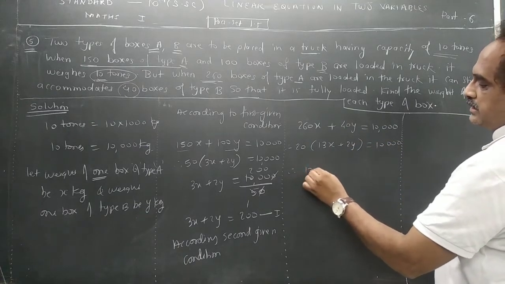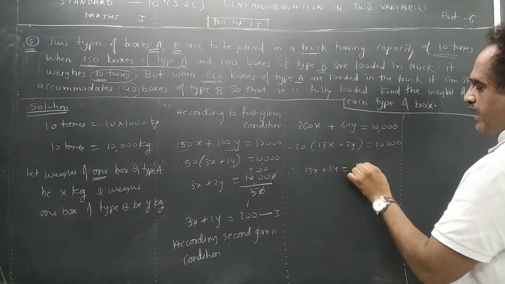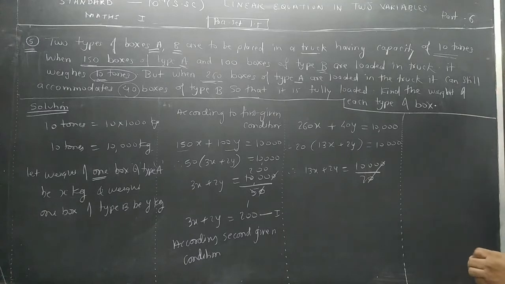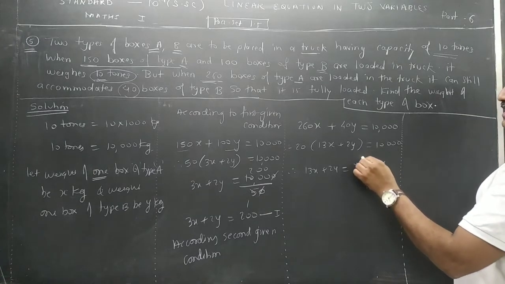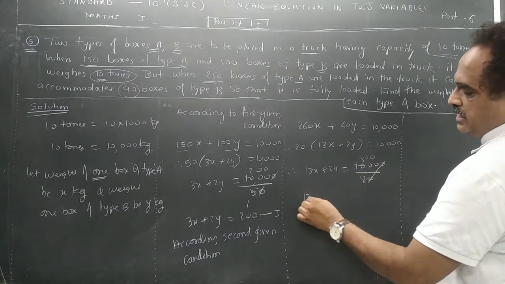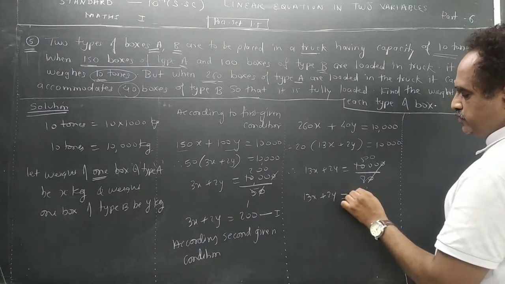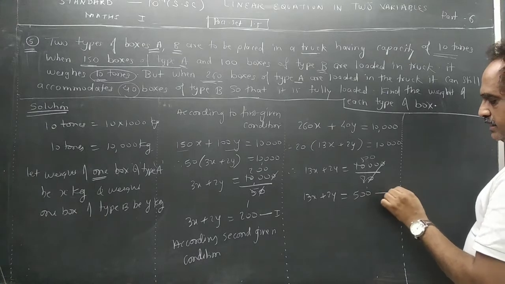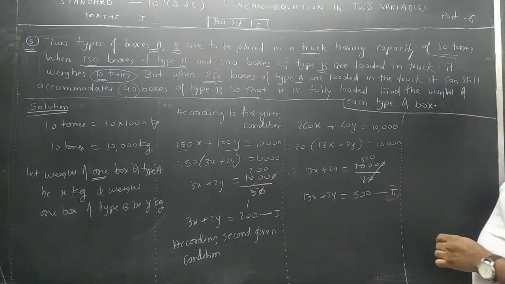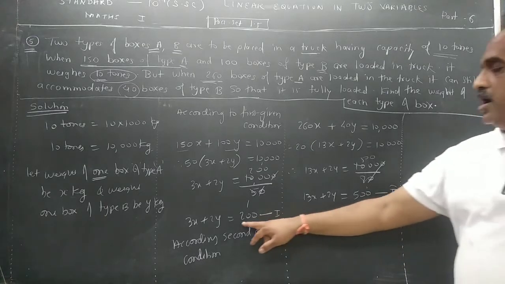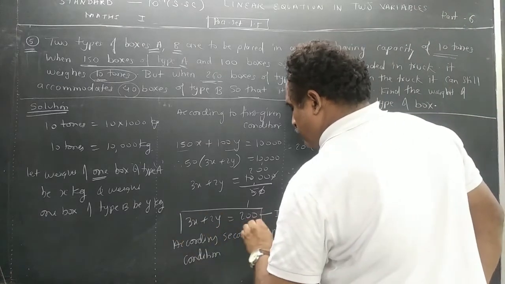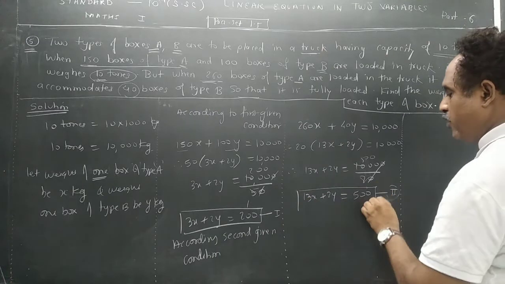Therefore, 13x plus 2y is equal to 10,000 divided by 20, 0, 0 cancel हो गया. 2 ones are 2, 5 twos are 10. 13x plus 2y is equal to 500. This is equation 2. Now you got equation 1 and 2. Just compare. You can put in a box that will be better. तुम्हें और एक्सप्रेस समझ में आएगा और एग्जामिनर को भी समझ में आएगा.